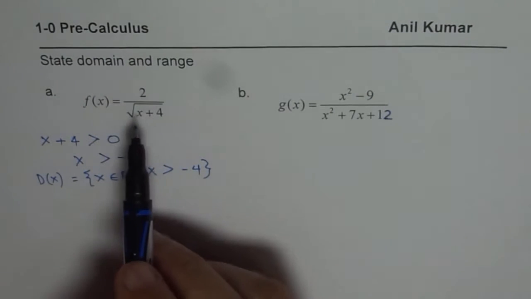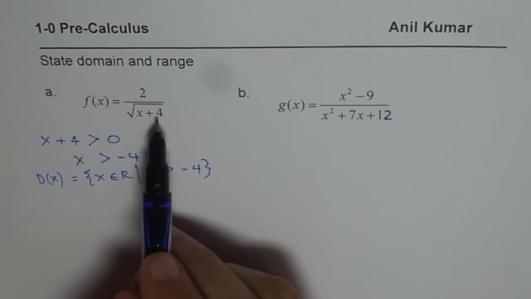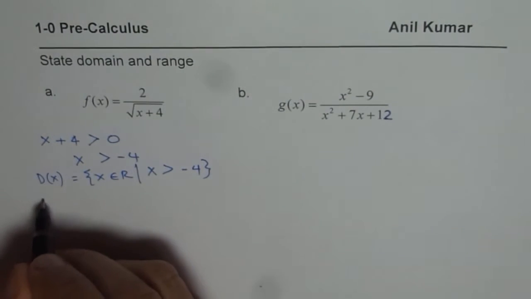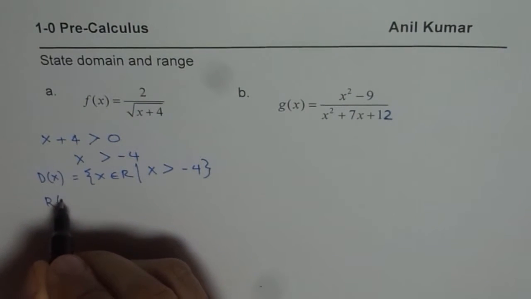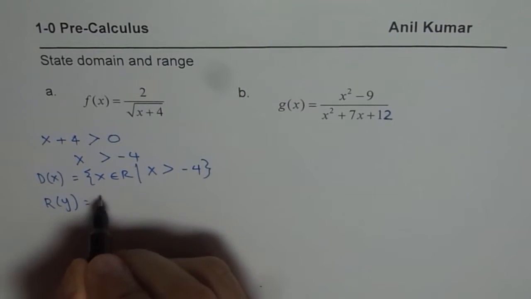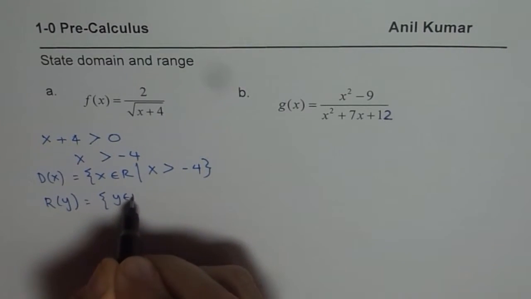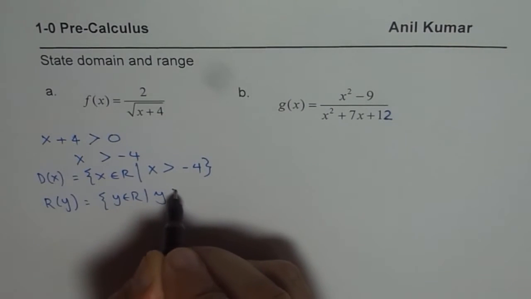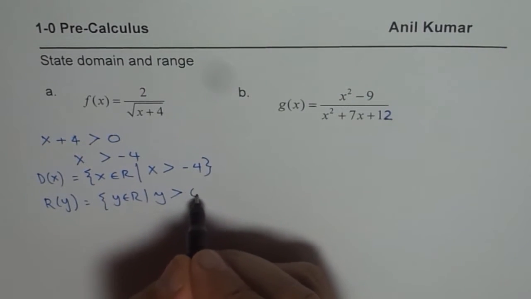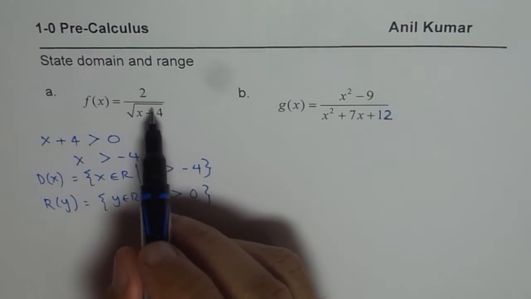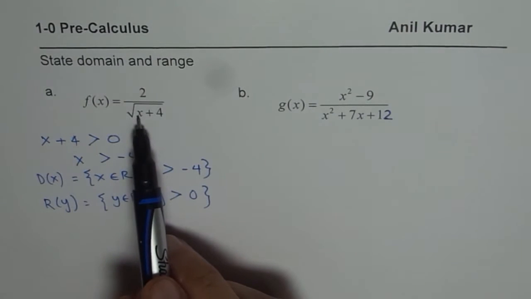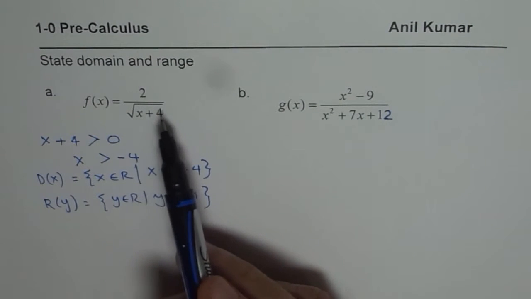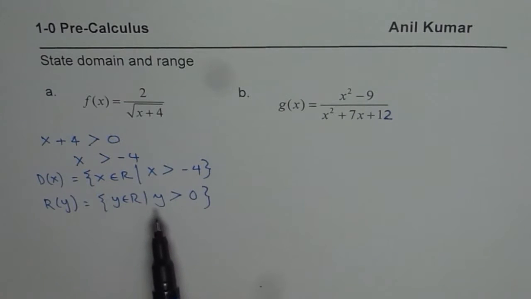So it could be very high to 0, and therefore we get that the range for the given function is y belongs to real numbers, where y is greater than 0, right? It cannot be 0 because it is approaching 0 when x is very, very large. So the range is greater than 0 for the given function.